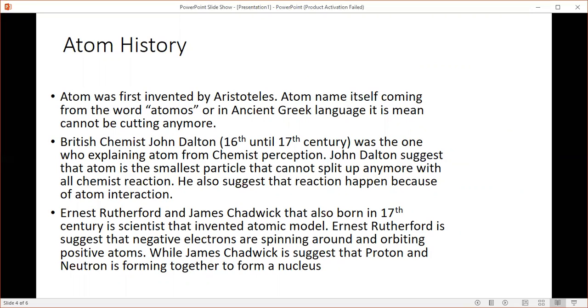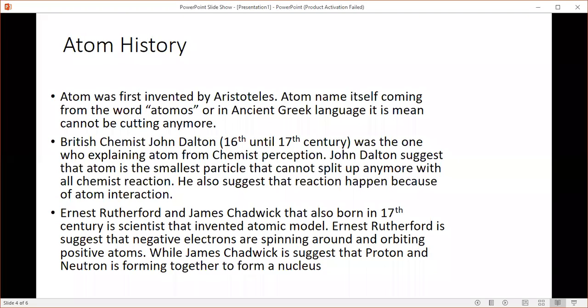And then British chemist John Dalton, who lived in the 16th until 17th century, was the one who explained the atom from a chemist's perception. John Dalton suggests that the atom is the smallest particle that cannot be split up anymore in any chemical reaction.